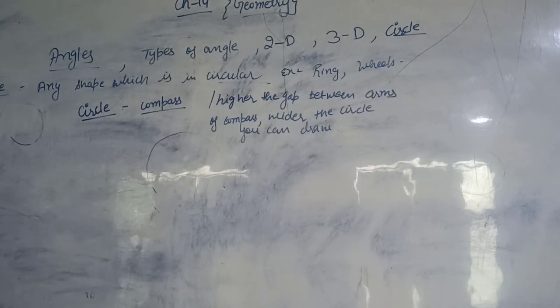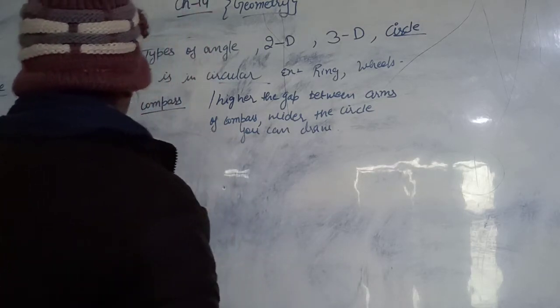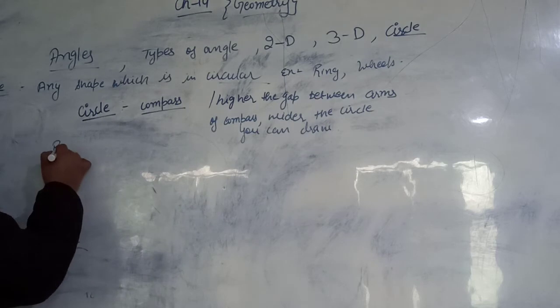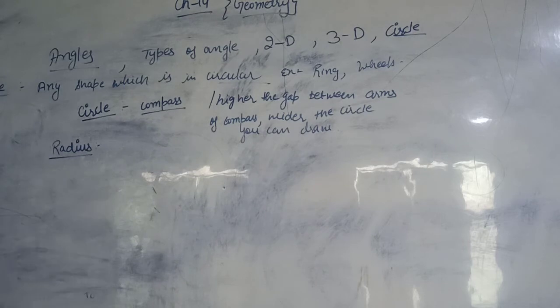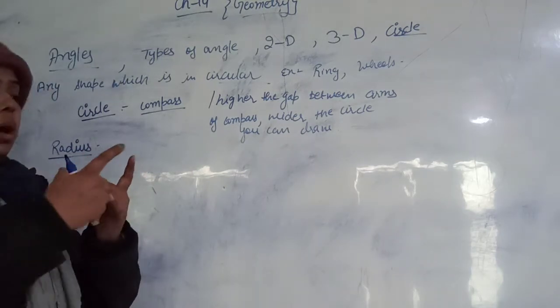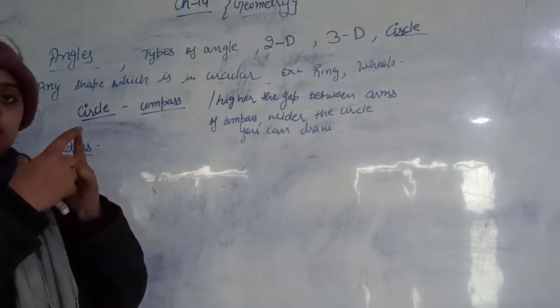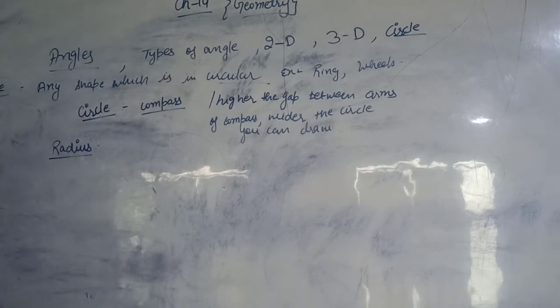Now, after this, the next point is about radius. What is radius? Radius is the length from the needle to the pencil. जो आपका निडल और पेंसिल के बीच में कंपास में गैप होगा, that will become the radius of the circle.